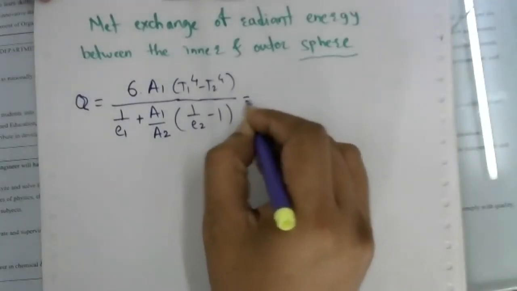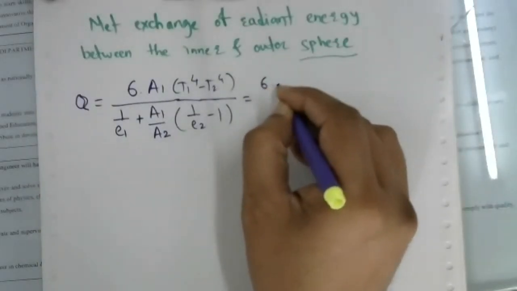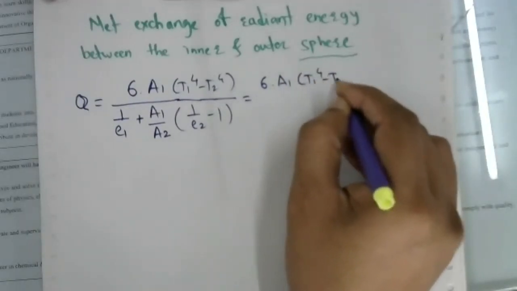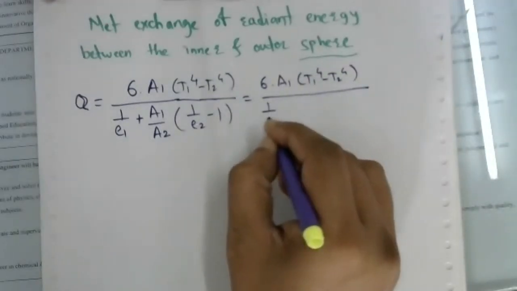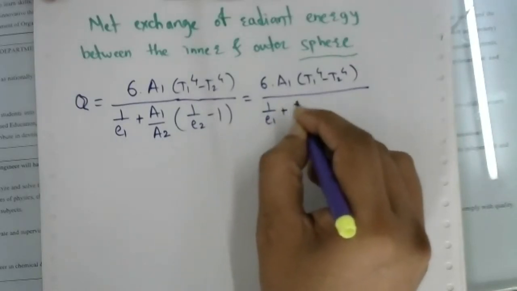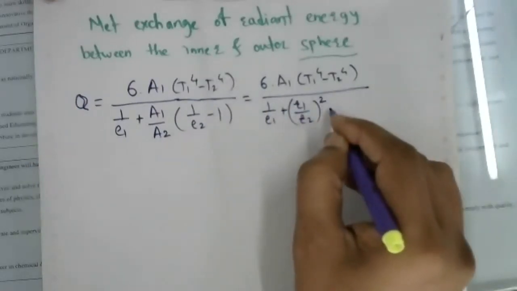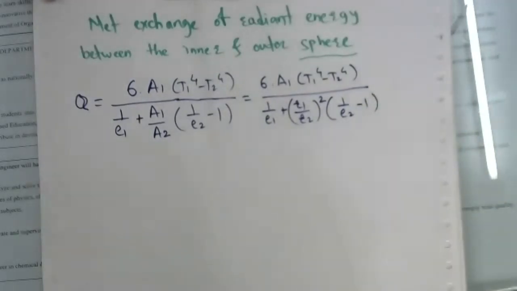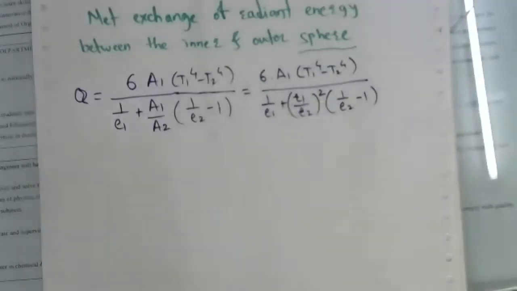If you want to write this equation in terms of radius, then you can write this as sigma into A1 into T1 raised to 4 minus T2 raised to 4 divided by 1 by E1 plus R1 by R2 square into 1 upon E2 minus 1. So in terms of radius, here square is there, and for cylinder case, there is only R1 by R2 ratio.